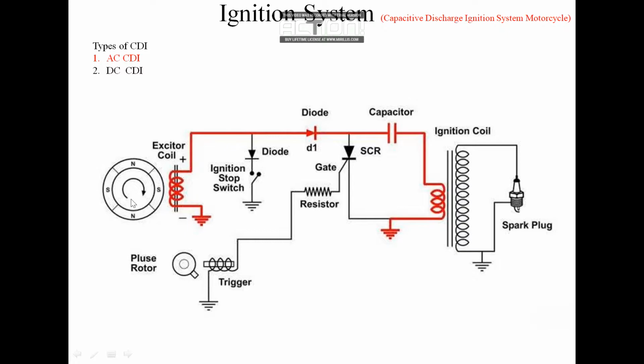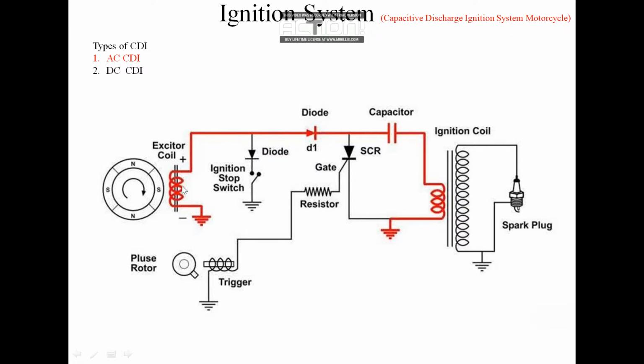Now the working begins. This is our AC generator. Whenever the AC generator rotates, its magnetic field, it is completely a magnet, basically a permanent magnet. Whenever this permanent magnet rotates at high speed, its magnetic field cuts the conductor.